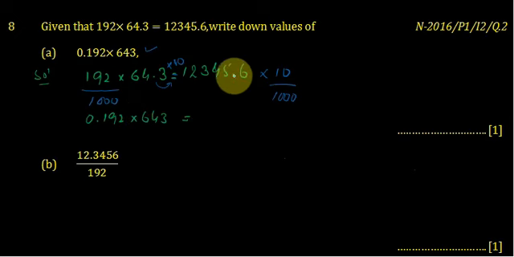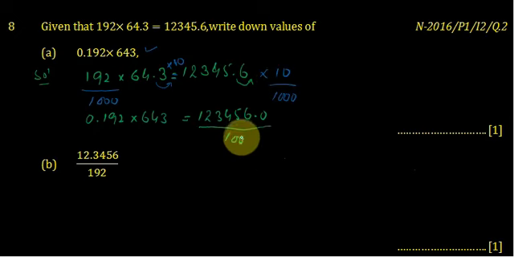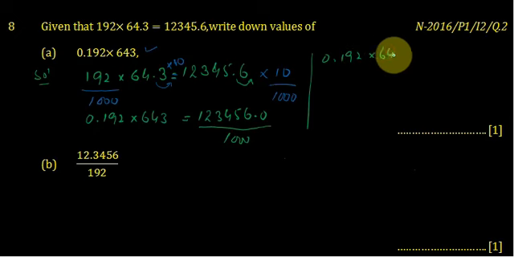When we multiply by 10 first, it becomes 123456.0. The point moves to the right when we multiply by 10. Now dividing by 1000 remains the same here. In the next step, we rewrite the expression: 192 multiplied by 643 is equal to, now divide by 1000, which means the decimal moves three places left.